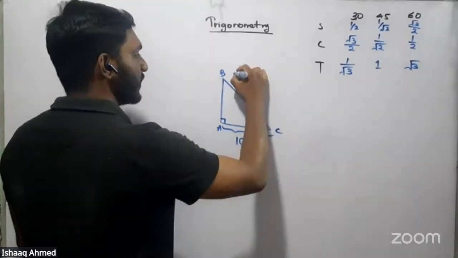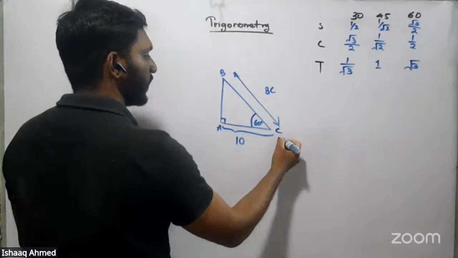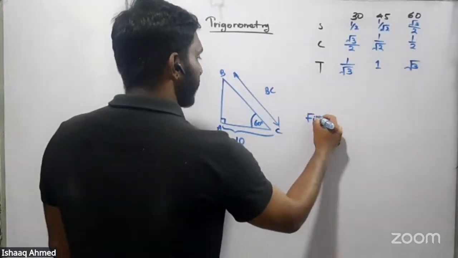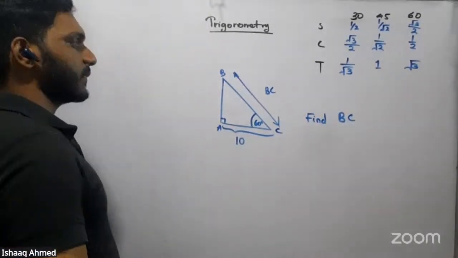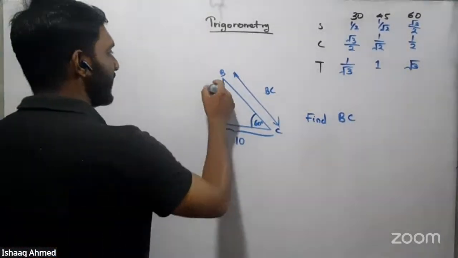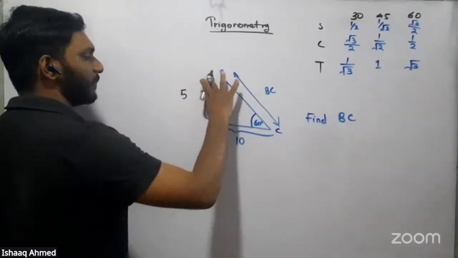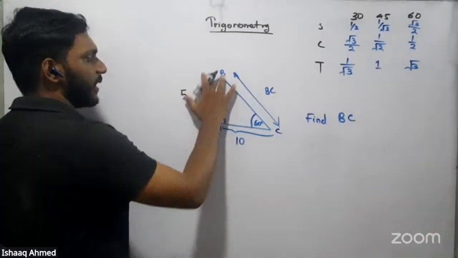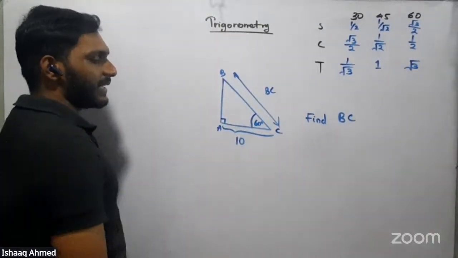I am asking, find BC. If you had been given this side length, say 5 or something, then directly using Pythagoras, you can find BC. But only one side length and one angle has been given.